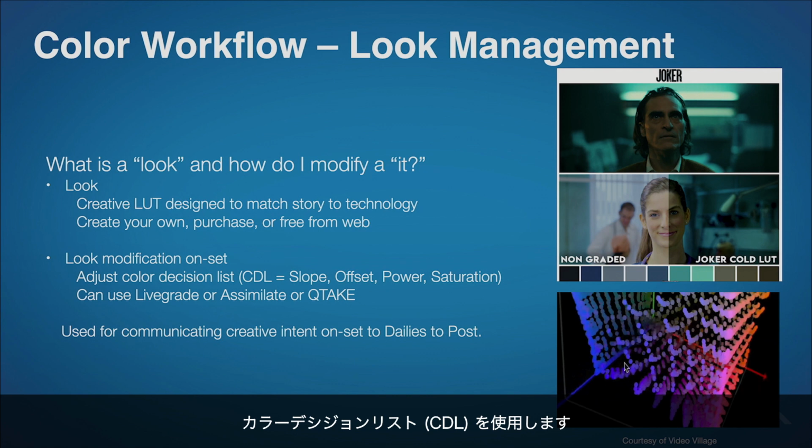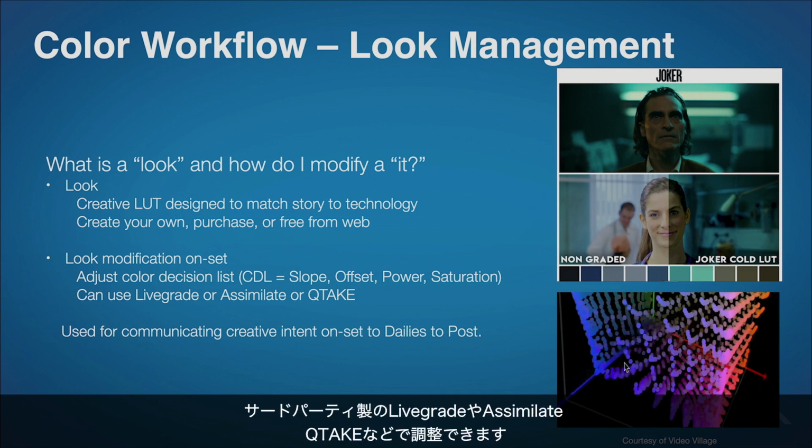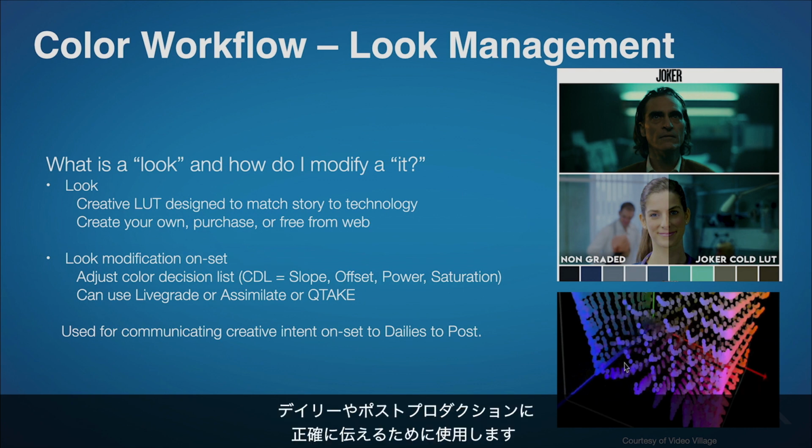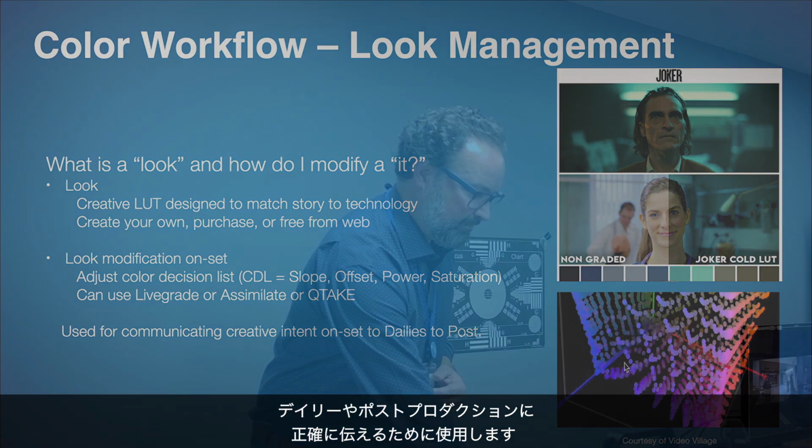And you do that with the color decision list, a CDL. And those adjustments can be made in third-party or other products like LiveGrade or Assimilate or even QTake. And these are used for creating or communicating the creative intent from on-set into dailies and post-production.